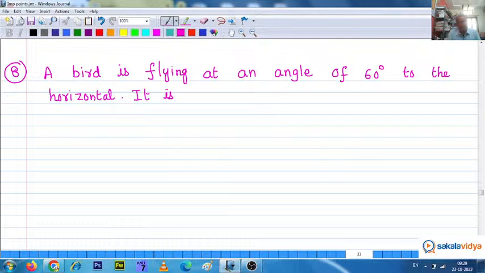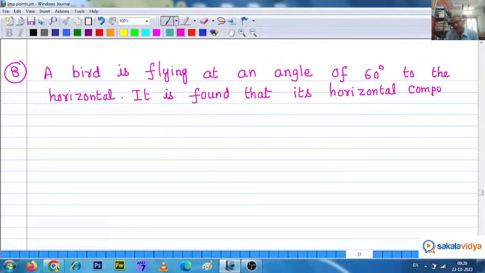It is found that its horizontal component of velocity is 10 meter per second.